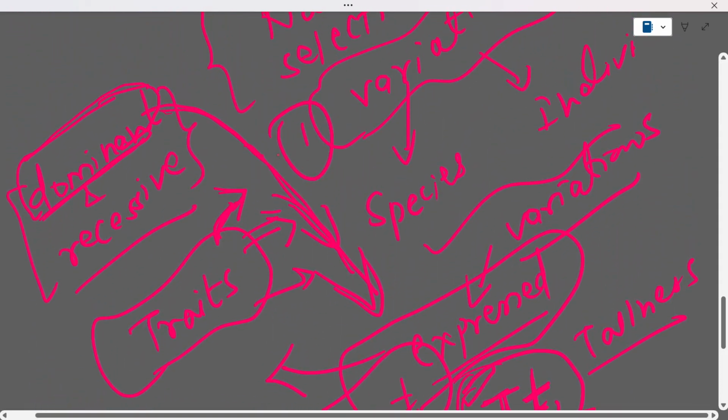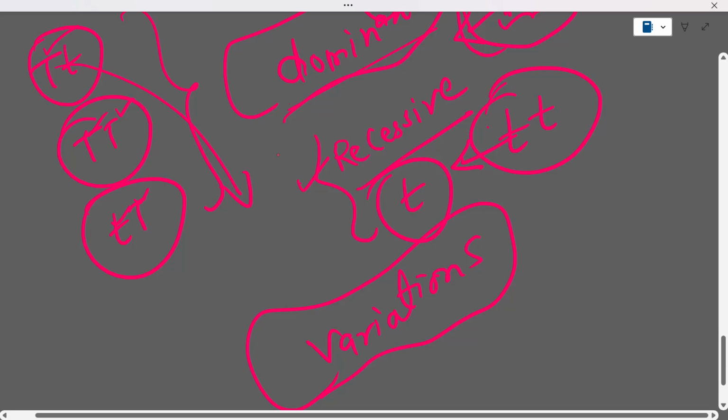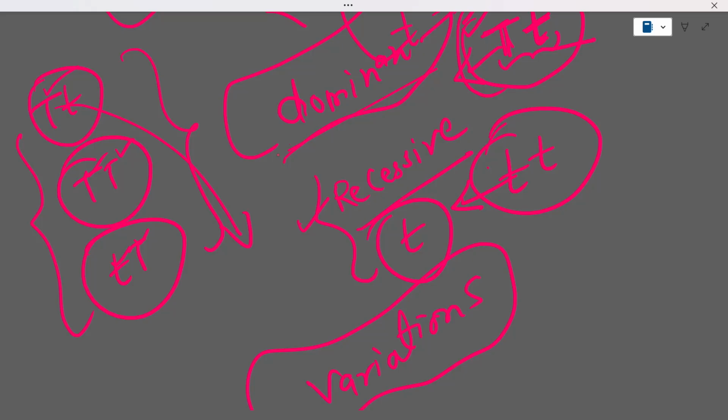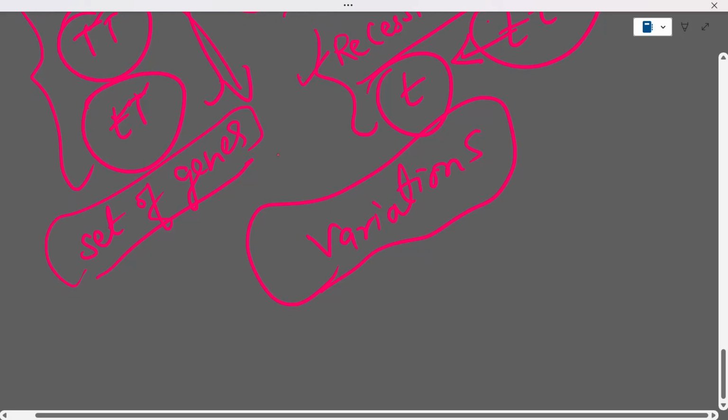So my point is, variations are there, they remain hidden, and I have talked about one particular trait, and let me clarify that each particular trait in the whole genomic code or the whole genetic code is regulated by a set of genes, and it is also acted upon by the environment.